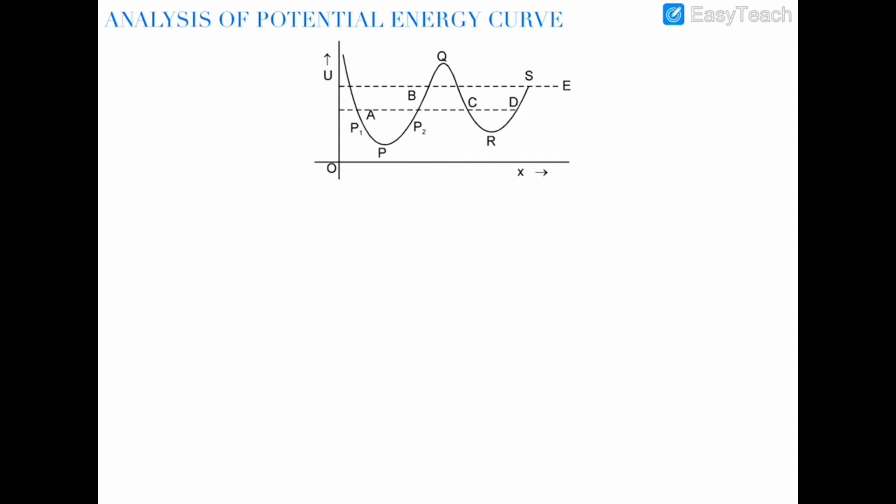Let's suppose this graph is for two particles which are situated at a distance of x from each other, and this U is the potential energy of their system.